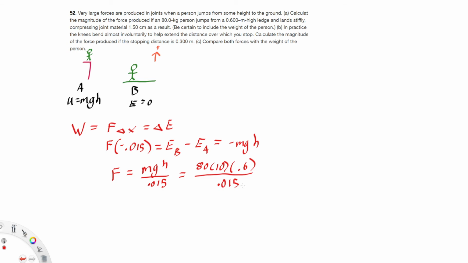So in this problem, we are considering gravity as a source of energy rather than a force which does work.